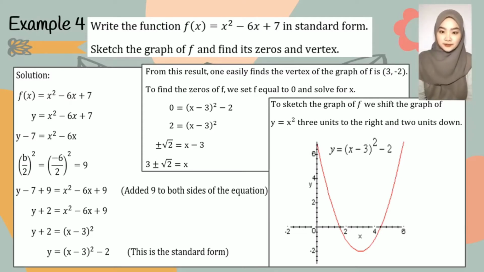From the result, the vertex of the graph of f is (3, negative 2). Next, to find the zeros of f, we need to set f equals 0 and solve for x.